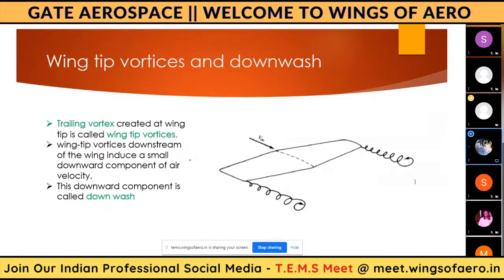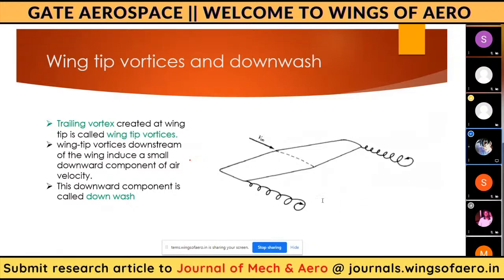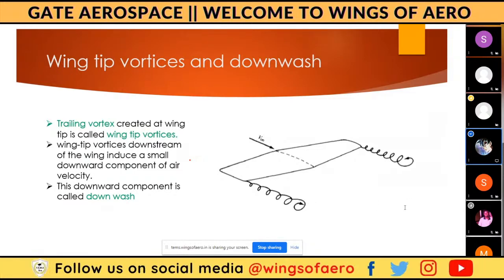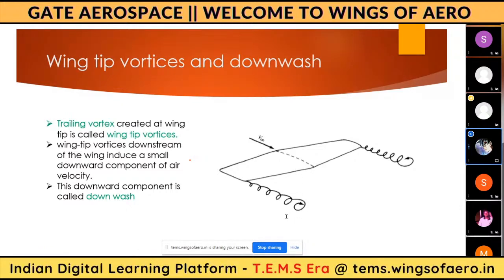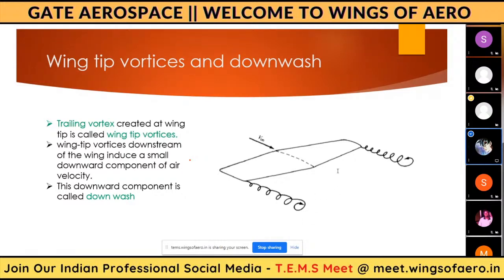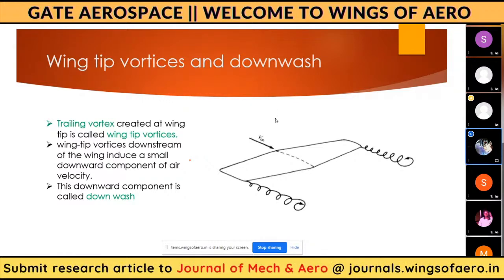But at the tip of the aerofoil, the flow under the surface tries to come up. Because it tries to come up, it will form a whirl, or a curl around the tip of the trailing edge, and it forms vortices. These vortices formed at the wingtip are called wingtip vortices.